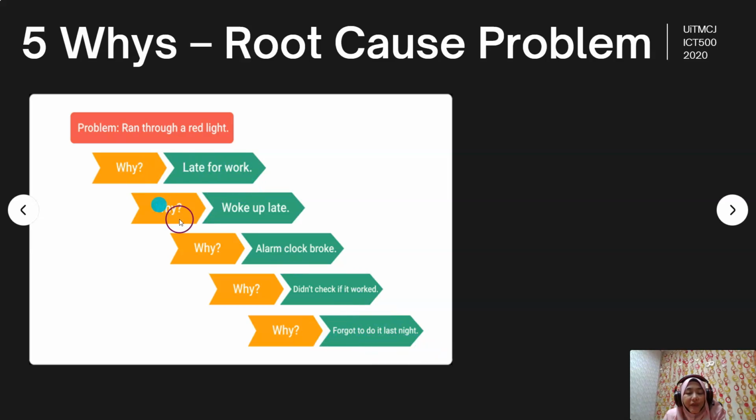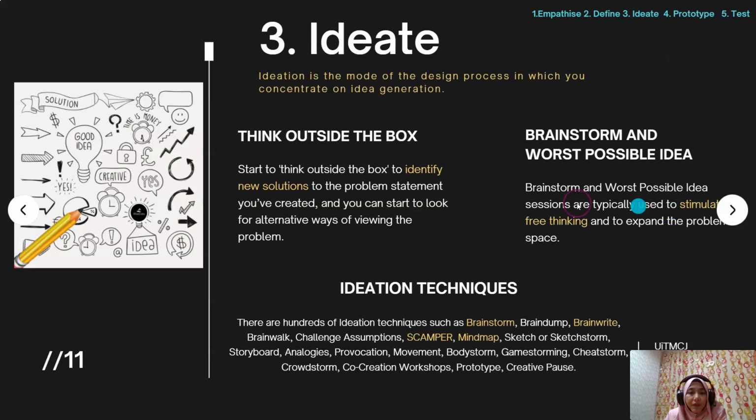So basically you ask why related to the first point of your root cause, and then you detail up why, so it relates to this. I think this is also a good tool for identifying your problem.